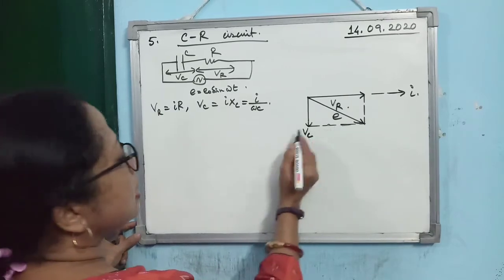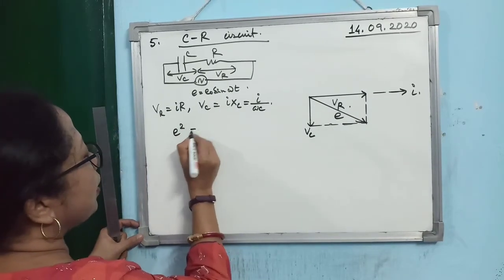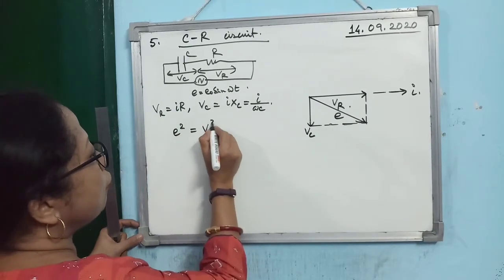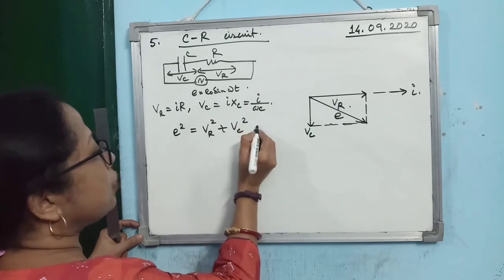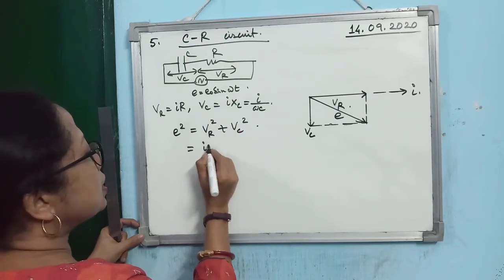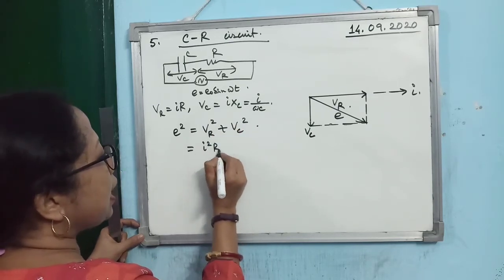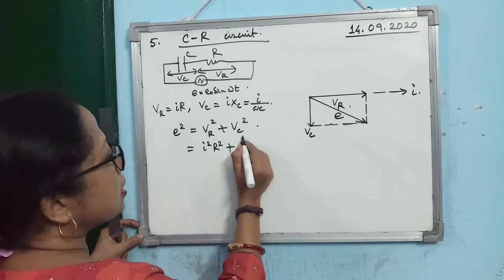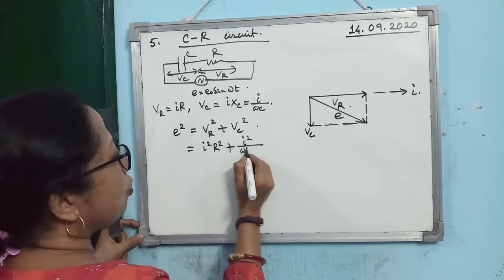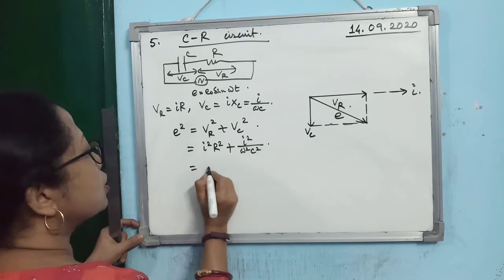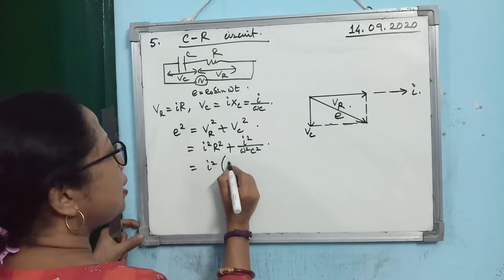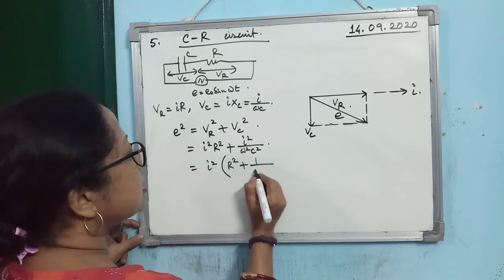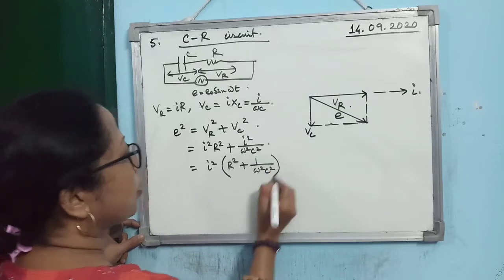Alright, so you see one can write E square is equal to VR square plus VC square. So VR means I square R square, VC square means I square by omega square C square. So if you take I square common, it is R square plus 1 upon omega square C square.